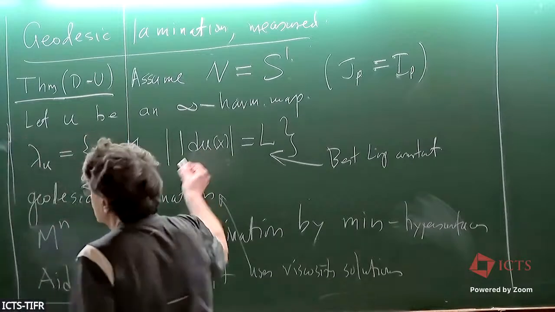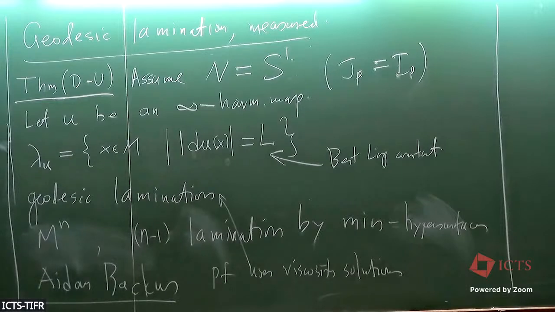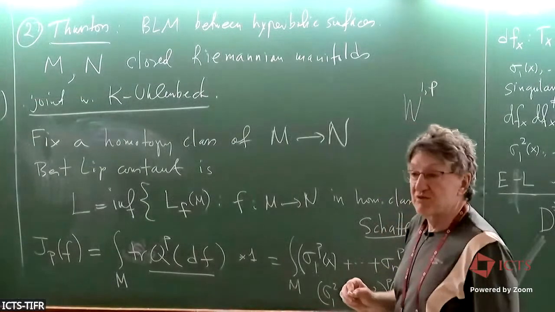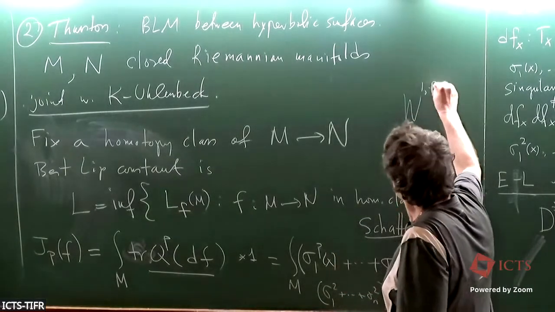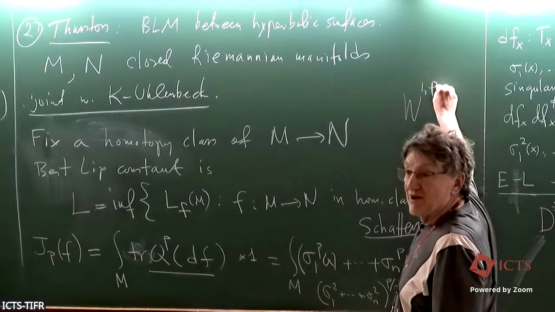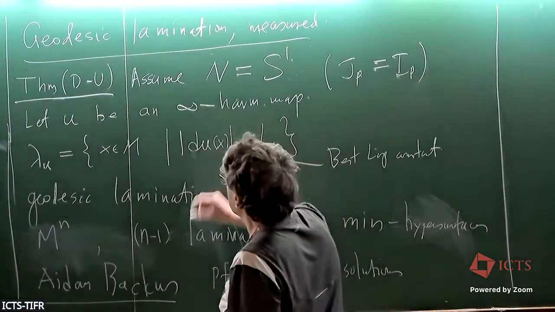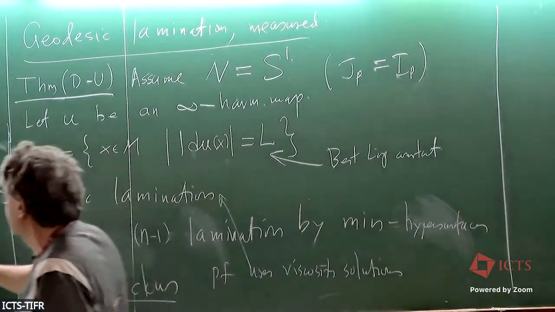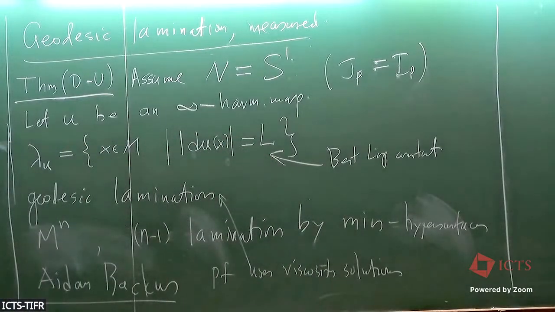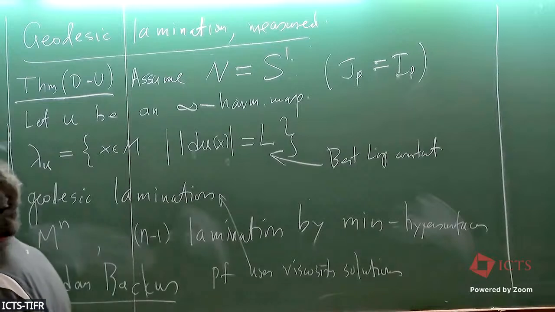To solve this problem, you have to start with some regularity, the correct regularity in W^{1,p}, the Sobolev space where the derivative is in L^p. At the limit, it's Lipschitz; you have to prove it's Lipschitz, and an infinity harmonic map is the best Lipschitz map. So we don't know if it's Lipschitz, but du of x exists almost everywhere, by Rademacher.